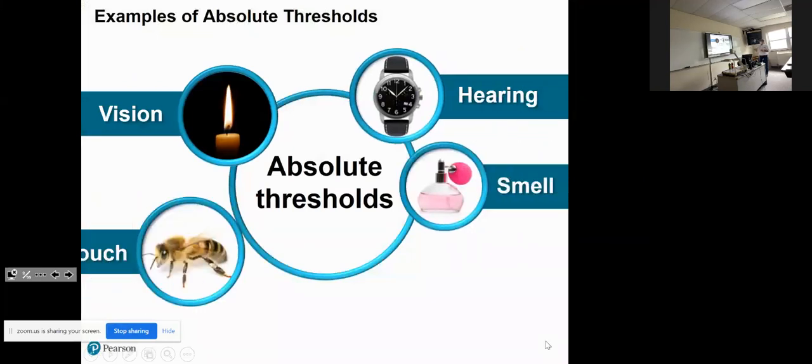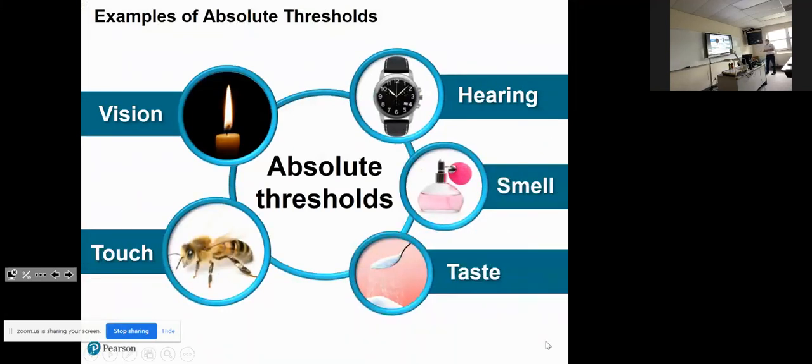All right, and these are just some examples of absolute thresholds. Like maybe a bee lands on you versus maybe a mosquito. The mosquitoes here are not detectable. Has anybody noticed that? I came from Alaska, and if a mosquito landed, in fact, we kind of joke around, the mosquito is the state bird of Alaska, because those things land on you and your whole shoulder goes boom.